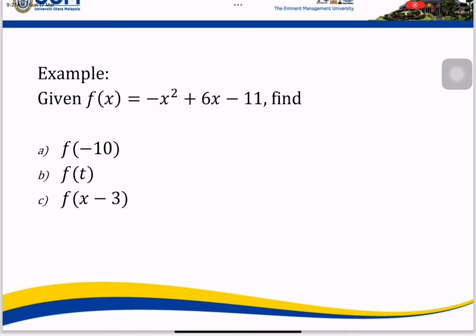A? Negative 51. Same input, different answer. He has different answer. So which one is the correct one? Okay.